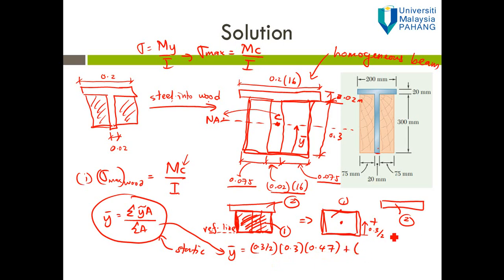Plus for shape number 2, the centroid is somewhere here. From the datum, the distance Y is equal to 0.3 plus 0.01, because this is 0.02 so the half is 0.01.